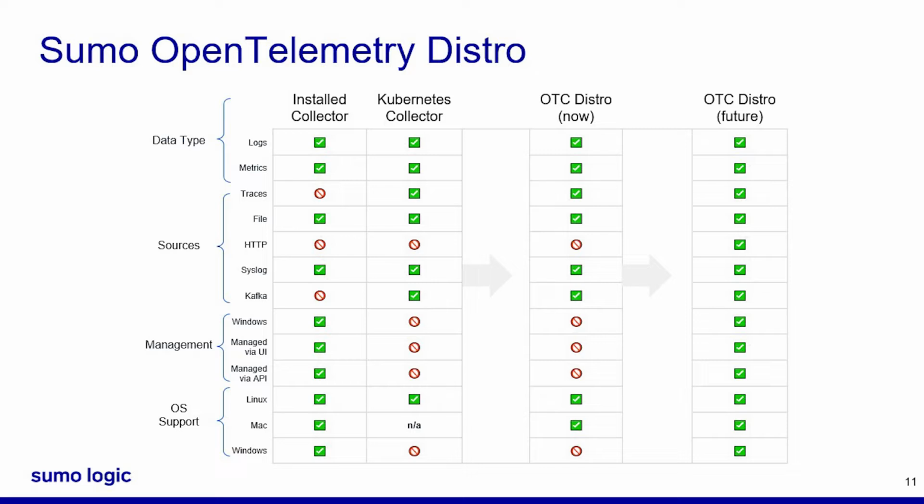We're working to replicate these features into our OpenTelemetry-based Sumo Logic collector. You can think of this collector as Sumo Logic's distribution of OpenTelemetry with enhancements to make the collector work seamlessly with the Sumo Logic platform. Similar to various types of Linux distributions that package up the Linux kernel and provide value-added capabilities.